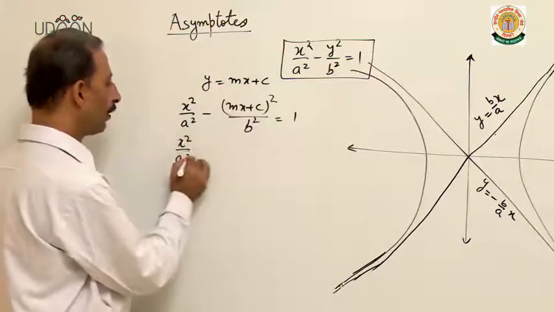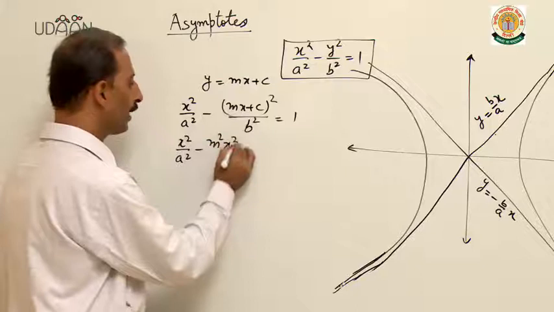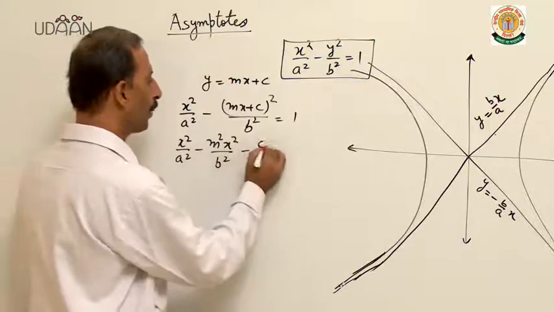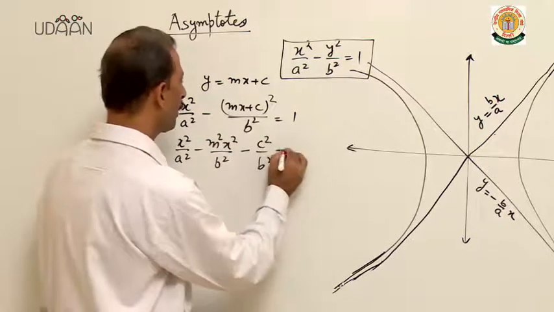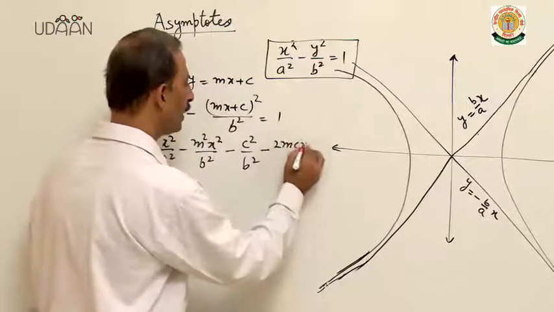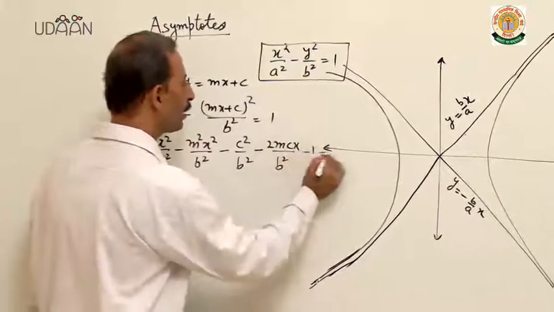x square upon a square minus m square x square upon b square minus c square upon b square minus 2mcx upon b square minus 1 equal to 0.